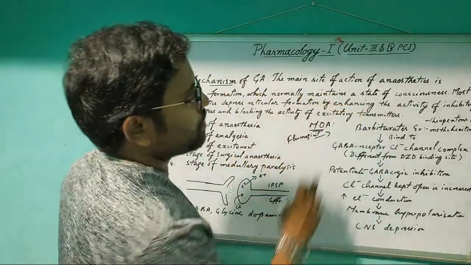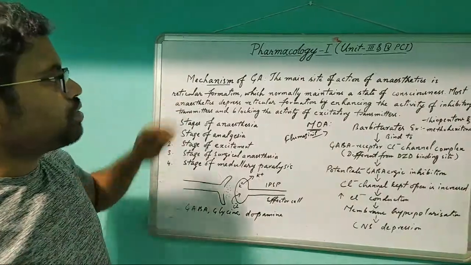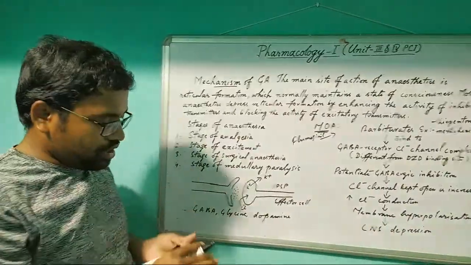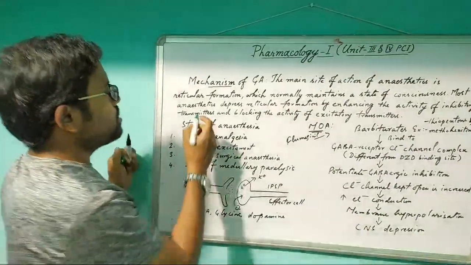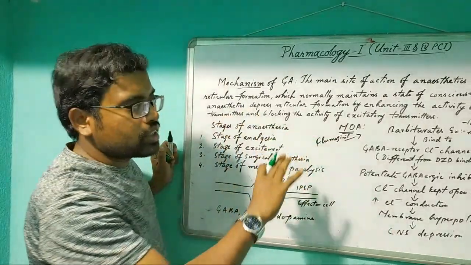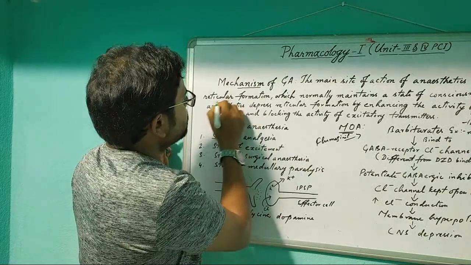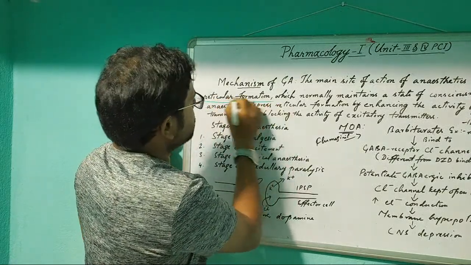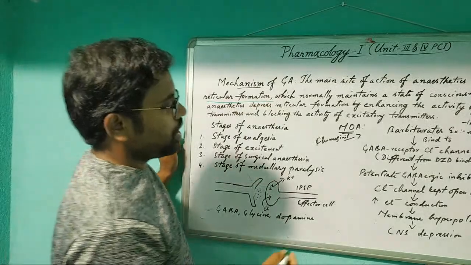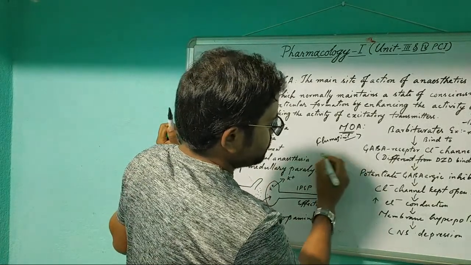The main site of action of anesthetics is the reticular formation. This is a part of the brain, the CNS; general anesthetics work on the CNS. The reticular formation is in the brain, particularly the brain stem.